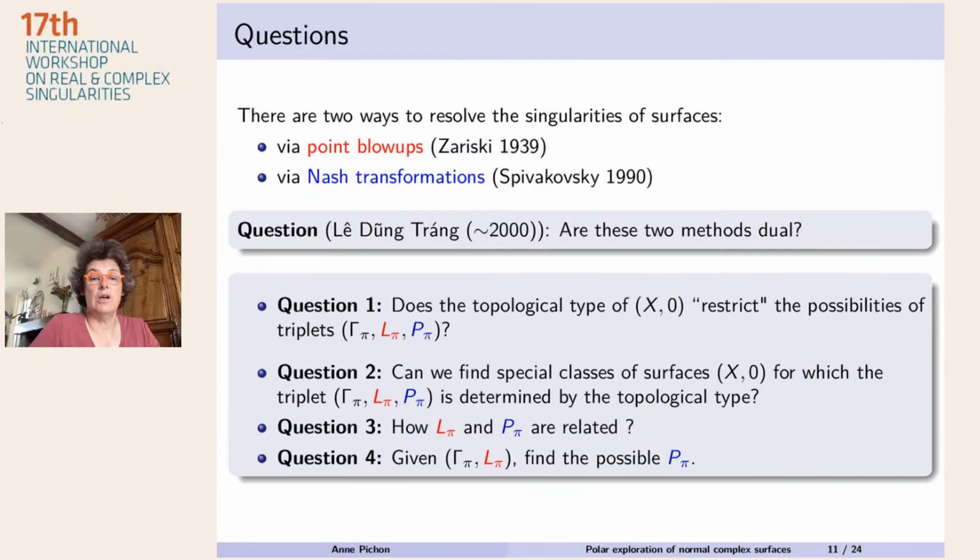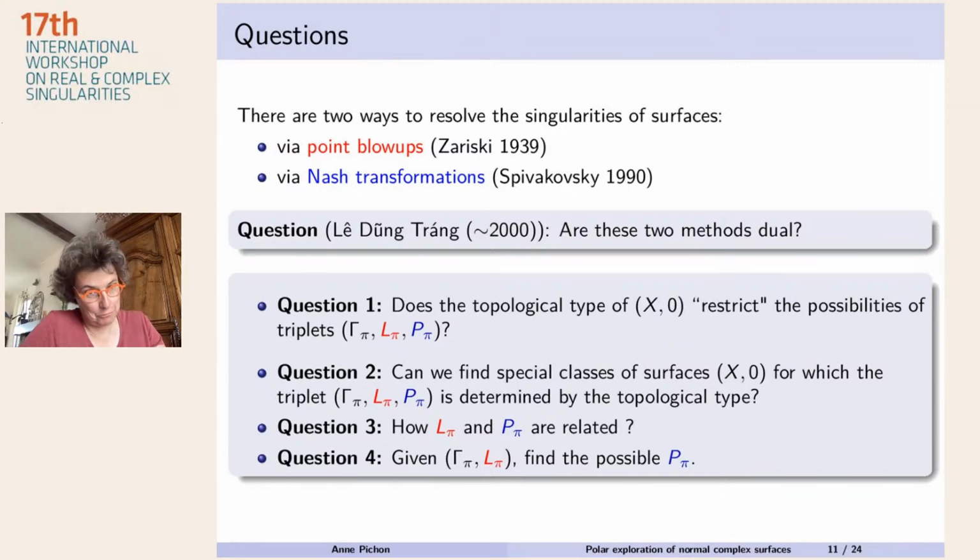And eventually, the last question, which is really what we call polar exploration: you give yourself the two graphs gamma pi and L pi, preferably with gamma pi factorizing through the blow-up of the origin. And the question is, find the possible vectors P pi.